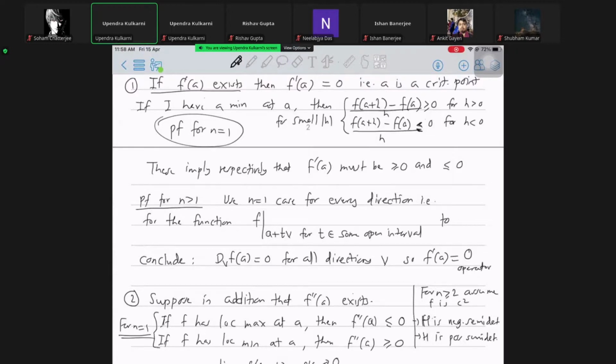So if I look at a local maximum or a minimum, and I look at the double derivative there if it exists, we saw that the double derivative at a maximum has to be less than or equal to 0, and the double derivative at a minimum has to be greater than or equal to 0.